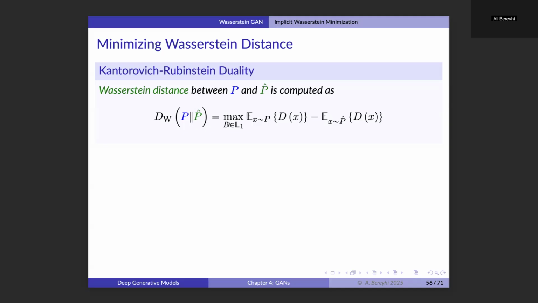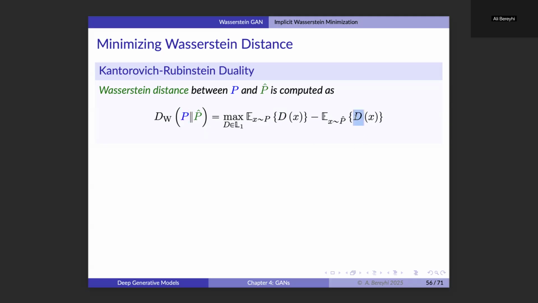So the idea here is that instead of going through that complicated definition, you can eventually find it in this form. You have two distributions P and P hat. Forget about their joint distribution. Just go ahead with distribution P and take one arbitrary function D. The only thing that this function D needs to have is to be 1-Lipschitz. If this function is 1-Lipschitz, then I put it here and compute this expectation with respect to P, the data distribution.